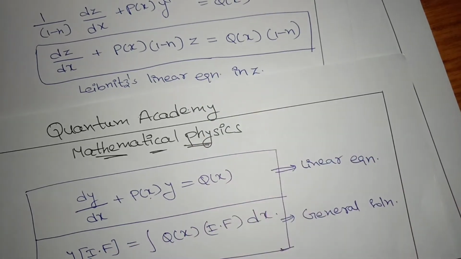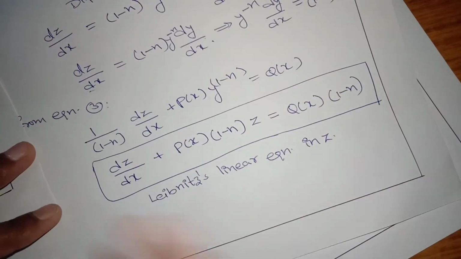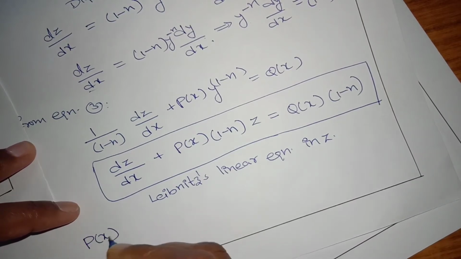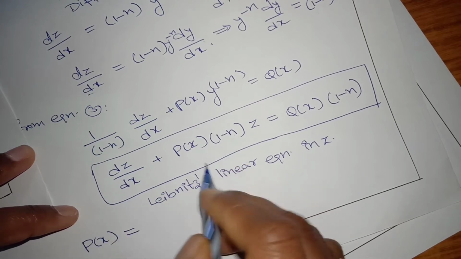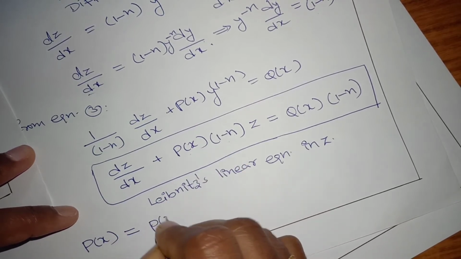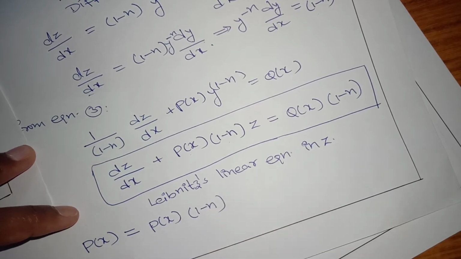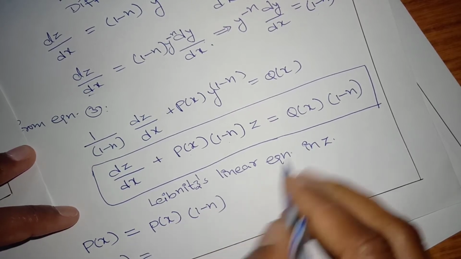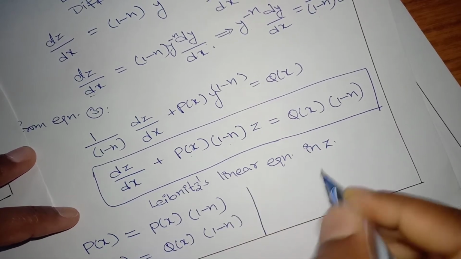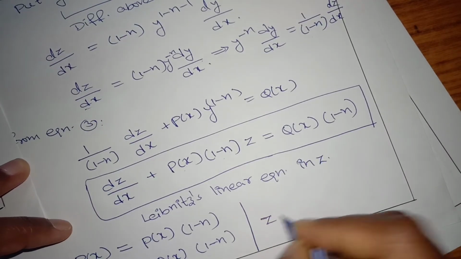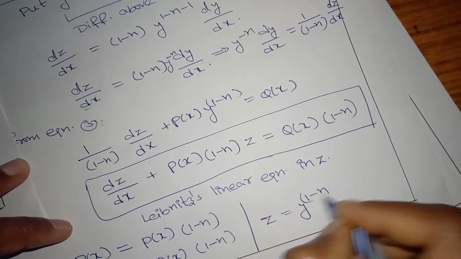Now we will solve few problems. Before solving, I want to explain one more point. Here, when we compare this equation with linear differential equation, p of x is replaced with p of x into 1 minus n and q of x is replaced with q of x into 1 minus n, and z equals to y power 1 minus n.